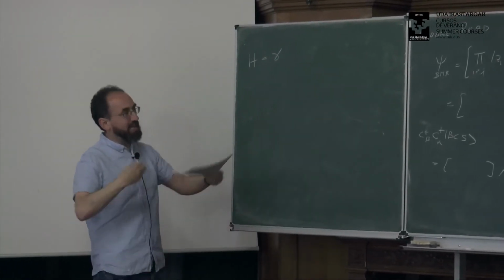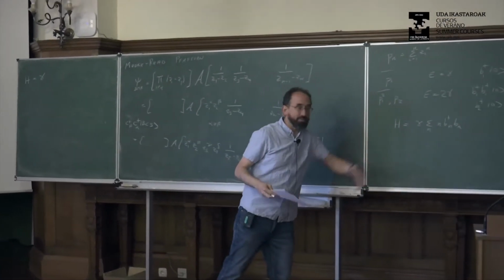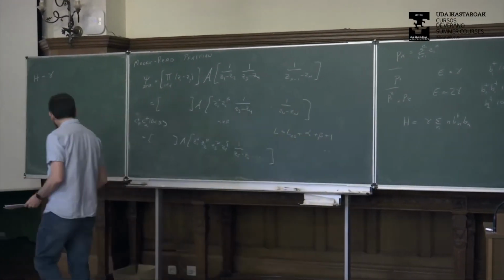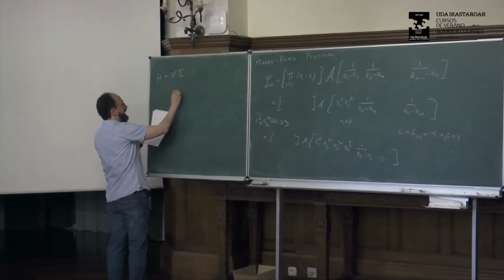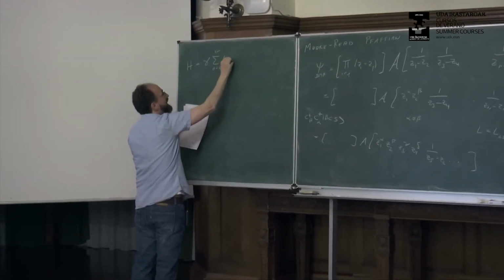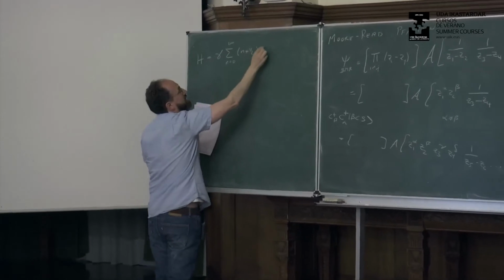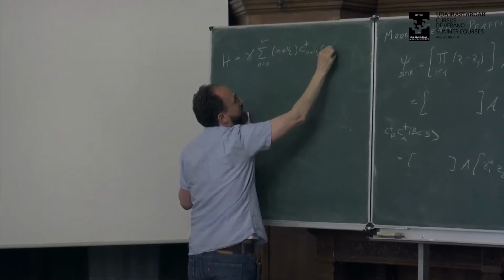Each time you increase the angular momentum by 1, you pay an energy cost gamma. That's the confinement energy. And then sum over n, 0 to infinity, and then I'm going to write n plus 1/2, C dagger n plus 1/2 C n plus 1/2.